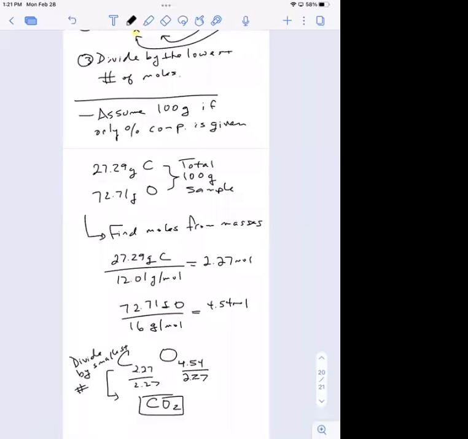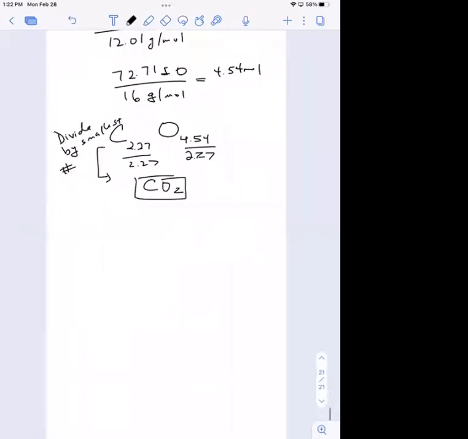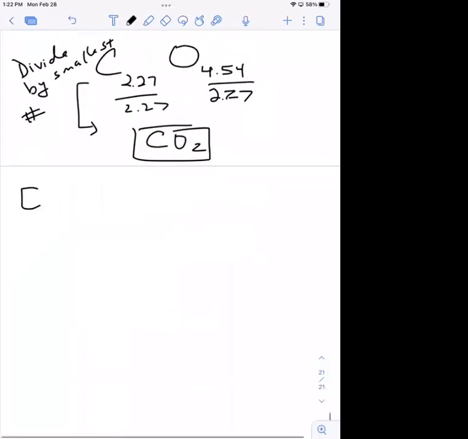Let's take this second example. And let's say we have a sample, and again, we're going to be given the percent composition.